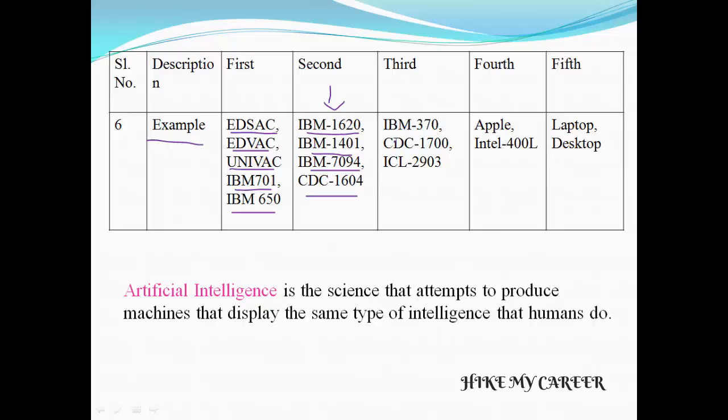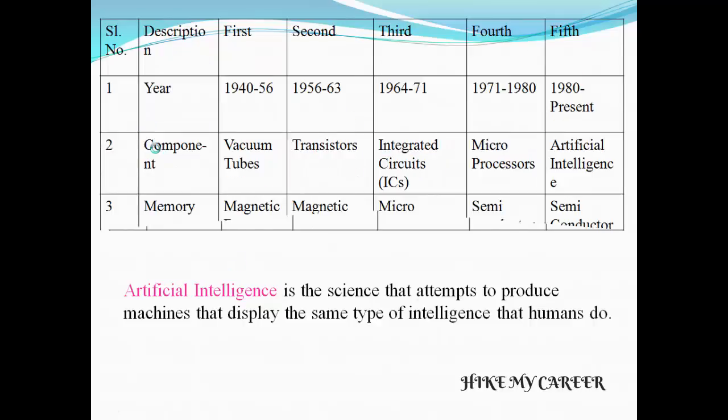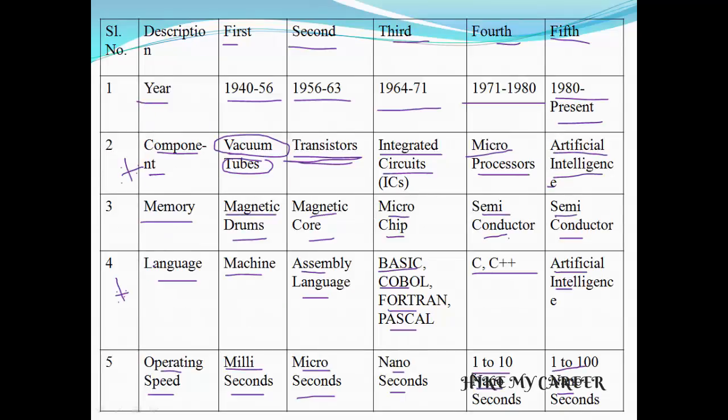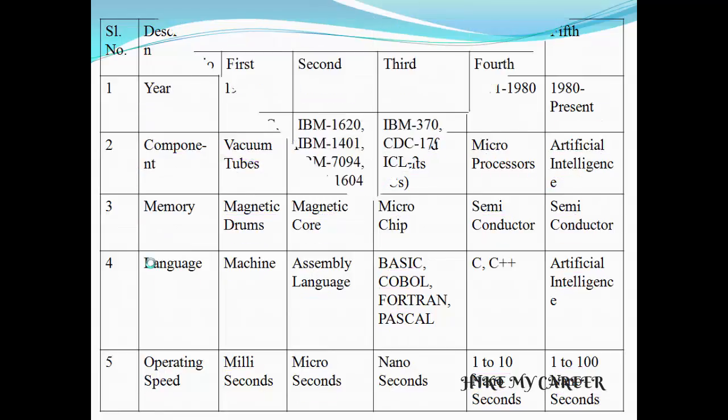Third generation: IBM 370, CDC 1700, ICL 2903. Fourth generation: Apple, Intel 4004. Fifth generation: laptop, desktop. So friends, please note the year, component and languages are very important.